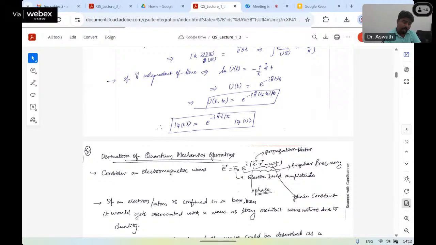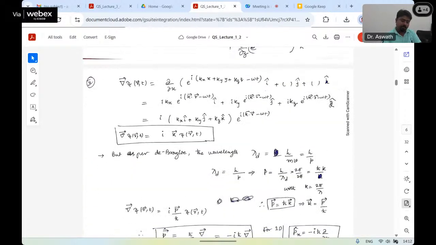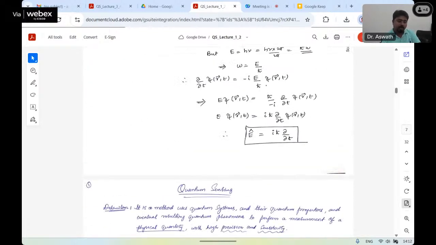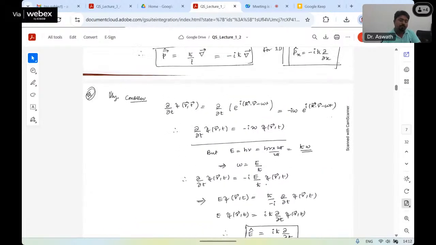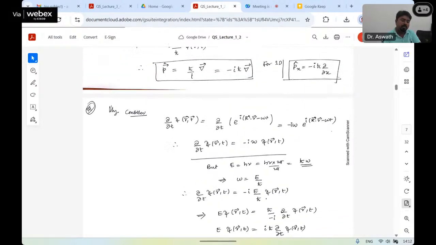Along the way, I used the operator form for the energy, which is iħ ∂/∂t. Energy is usually a number for us, which becomes an operator, like a time derivative in quantum mechanics. Why it becomes that, we just saw in a derivation.